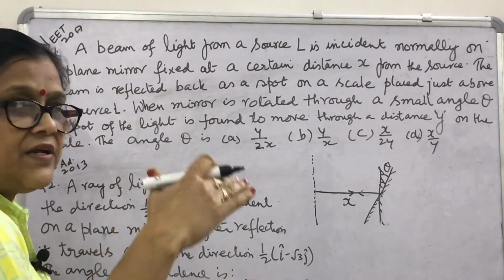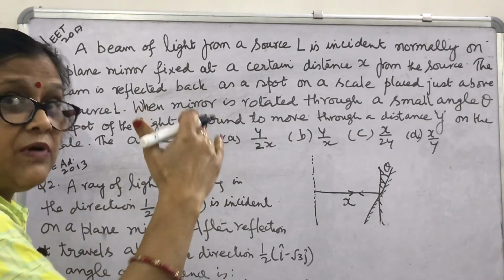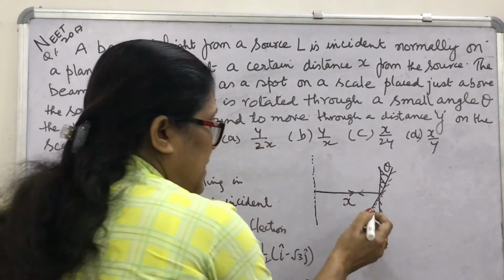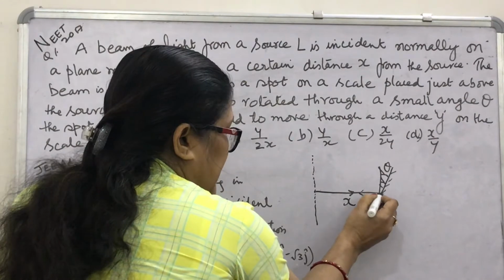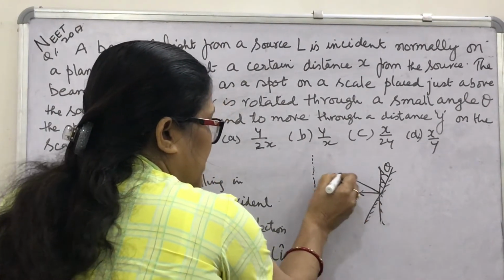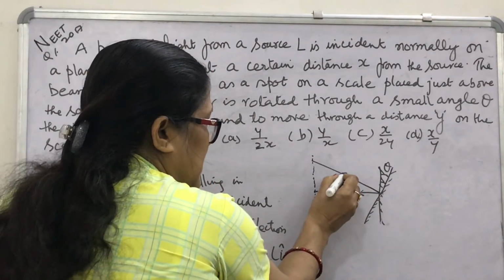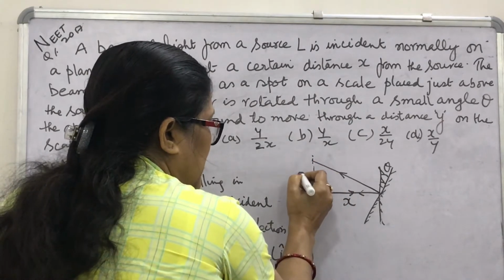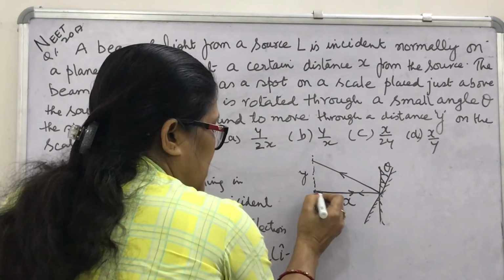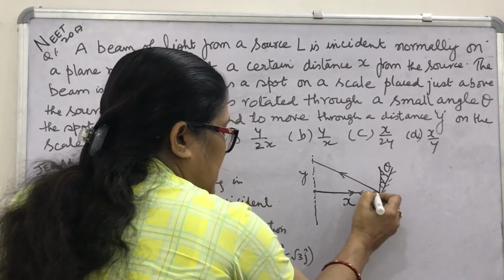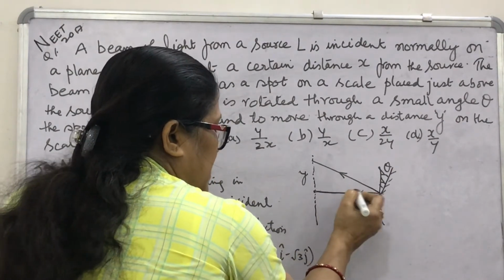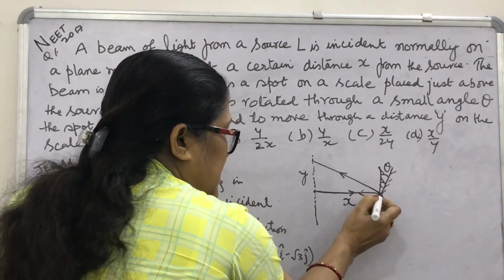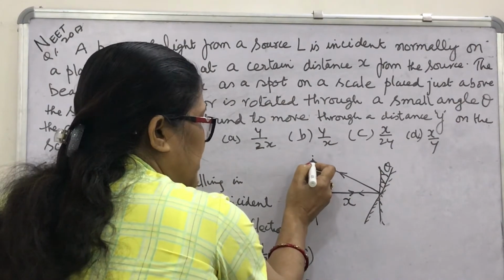Then the reflected ray is rotated by twice that. Here is the spot in the first case after reflection, and when the mirror is rotated, the reflected ray makes the spot here.